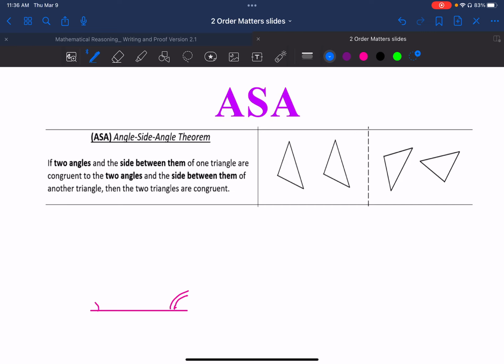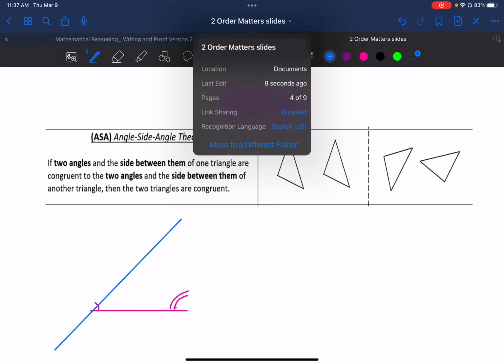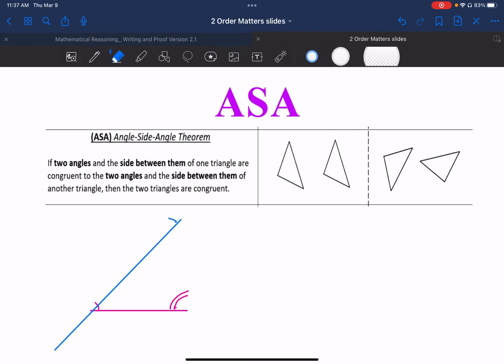If I connect through that point to that angle mark, I'm actually going to need to go further.